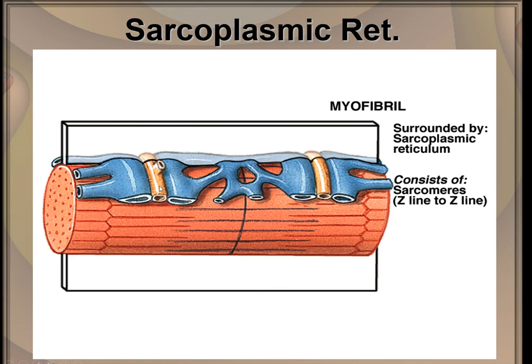So we need to get a little bigger picture to show you where that comes into play. But this wraps around each myofibril. So this change in voltage happens right over the myofibrils, myofilaments, and in conjunction with what it does is it opens up the sarcoplasmic reticulum to release calcium onto the muscle for contraction.